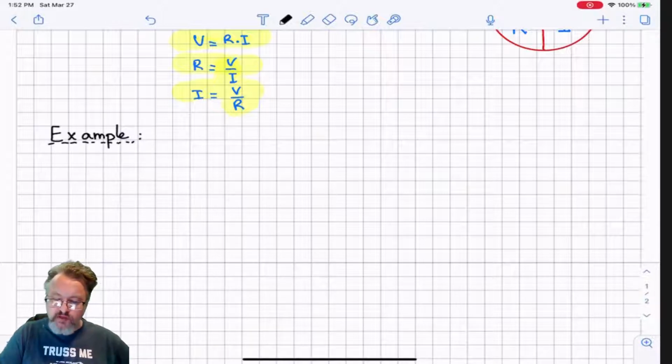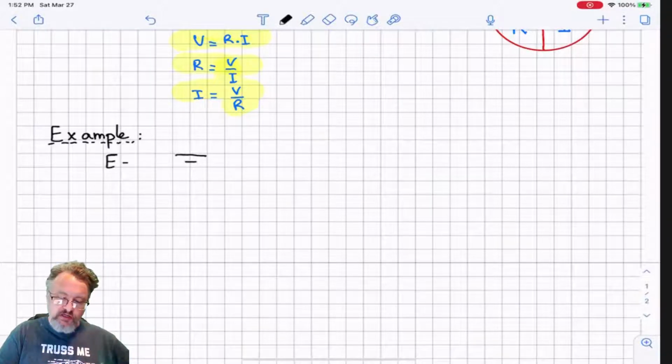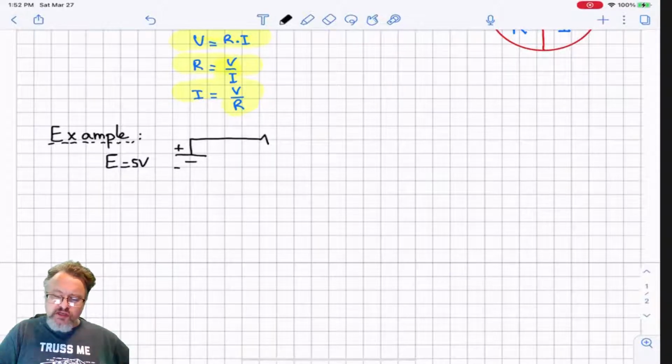Let's have a little battery. We are going to make it a 5-volt battery like before. This is going to be my plus side, my minus side. Let's make it a simple little problem for now.